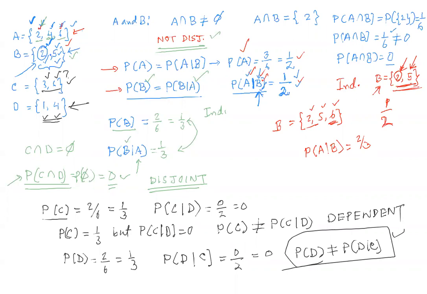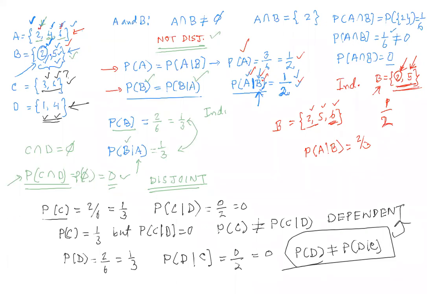So dependent. Now you see a couple of examples where independence and disjointness does not follow or imply the other.